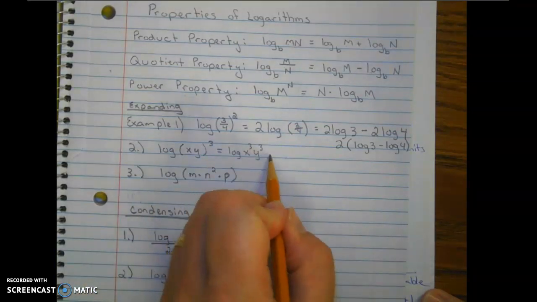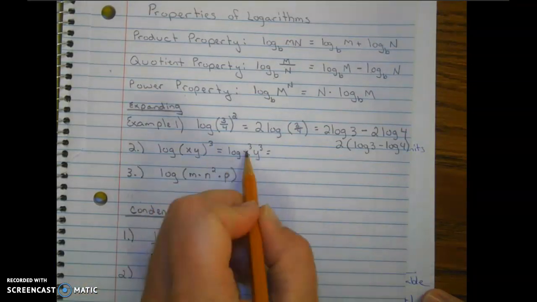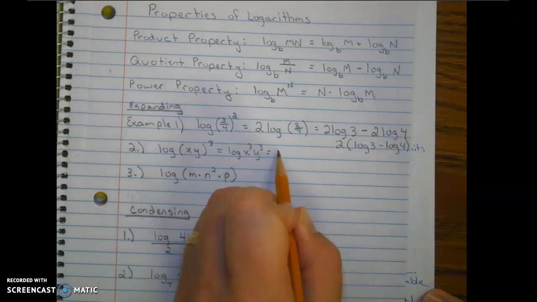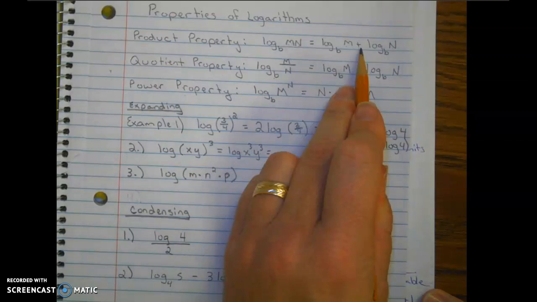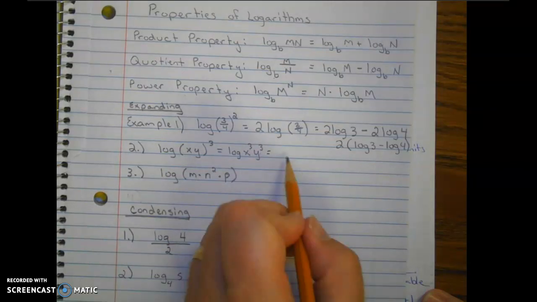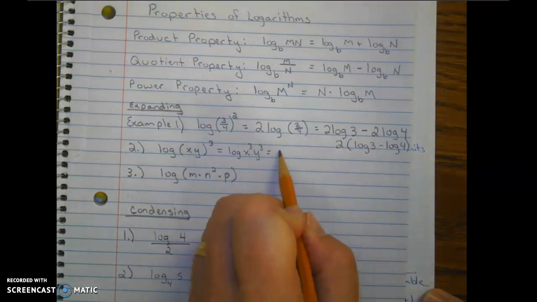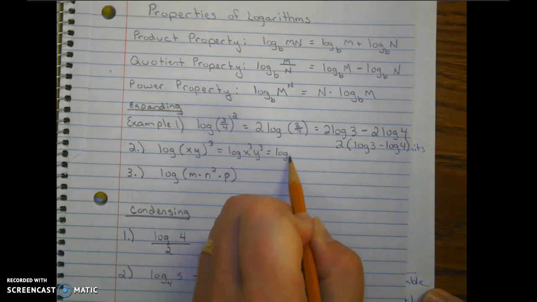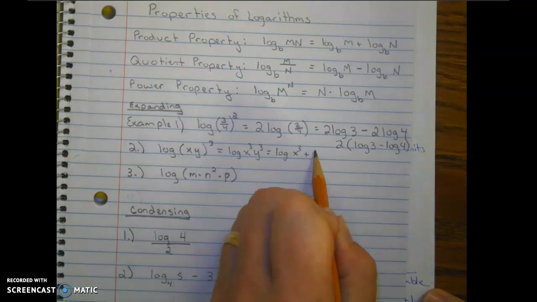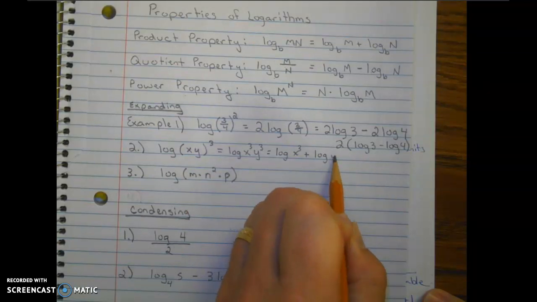Then at this point, we can go ahead and expand. Since we're multiplying, we're going to add, we're going to separate the log into 2 logs, since there's 2 terms here, x and y. So we're going to have log x cubed plus log y cubed.